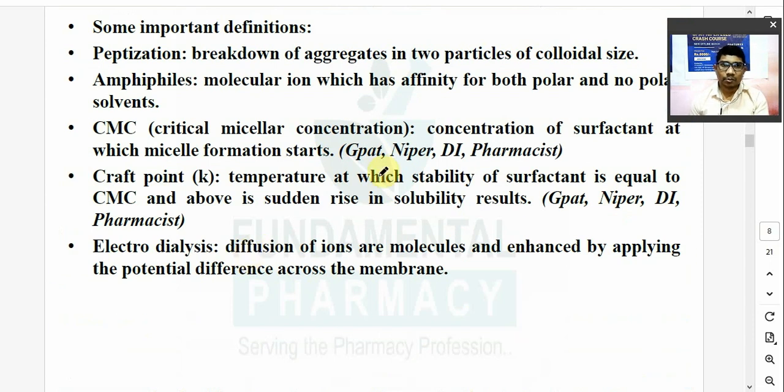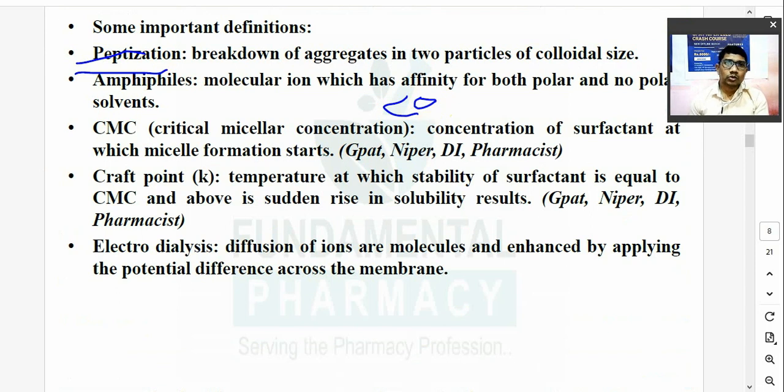Some important definitions. So peptization मतलब क्या है? Peptization मतलब it is the opposite phenomenon to coagulation. Coagulation मतलब क्या? Association of particles. बहुत सारे particle एक साथ में आएंगे और associate होके agglomerate बनाएंगे और settle होंगे.